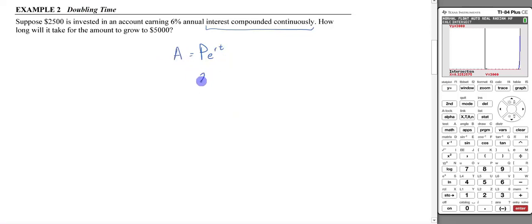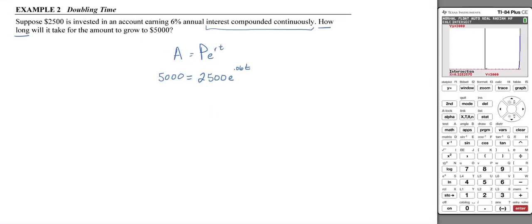Our principal is 2,500. The rate is 0.06. t is what we're solving for. And the amount we want to end up with is $5,000. We're trying to find the time it takes to double our investment.